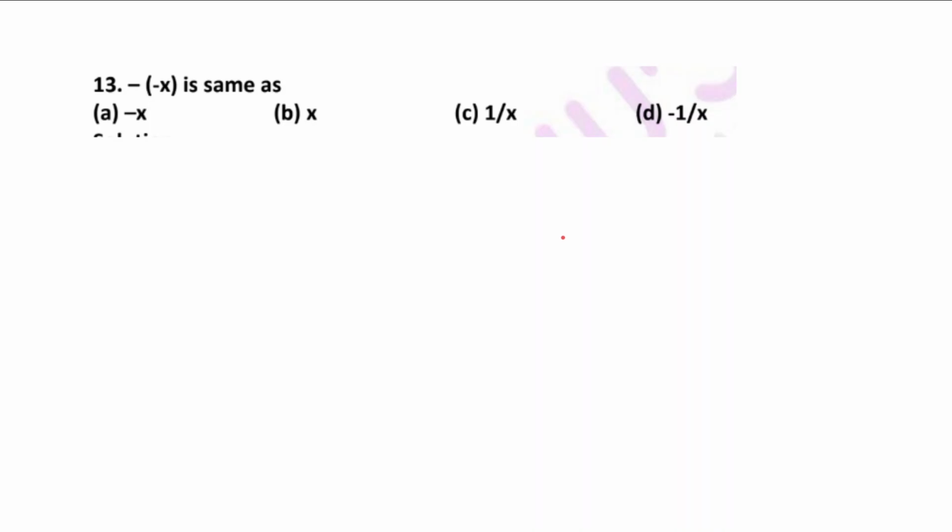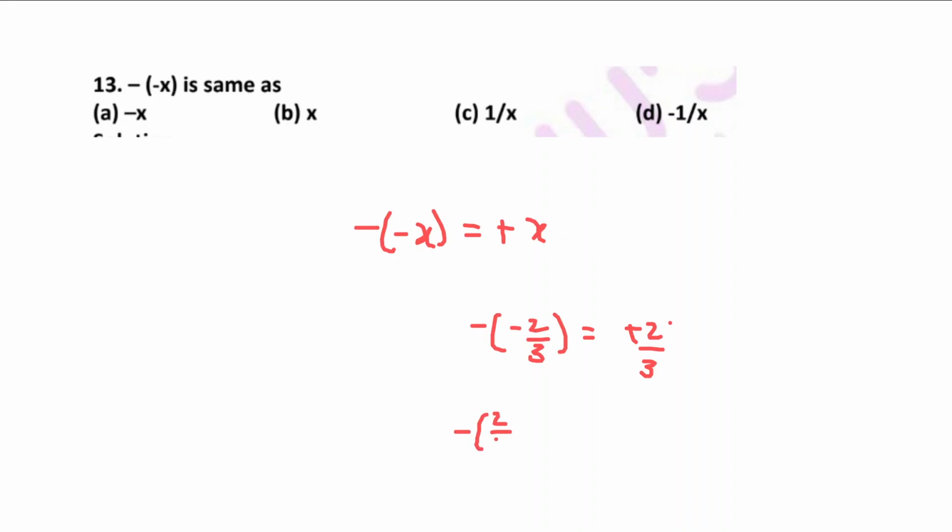Okay, let us now see the solution. Minus of minus x is plus x. For example, minus of minus 2 by 3 will be plus 2 by 3. This is the general rule. See, minus of plus 2 by 3 will be minus 2 by 3.